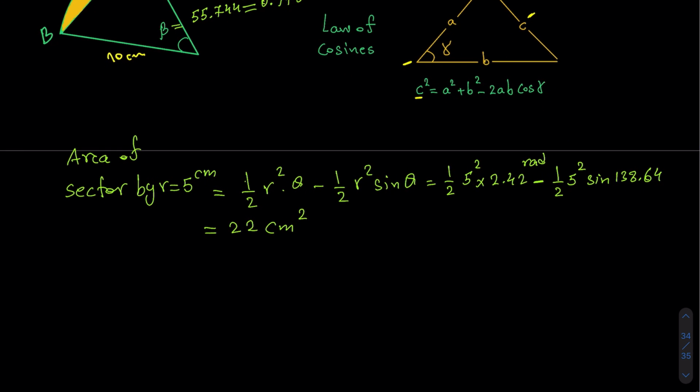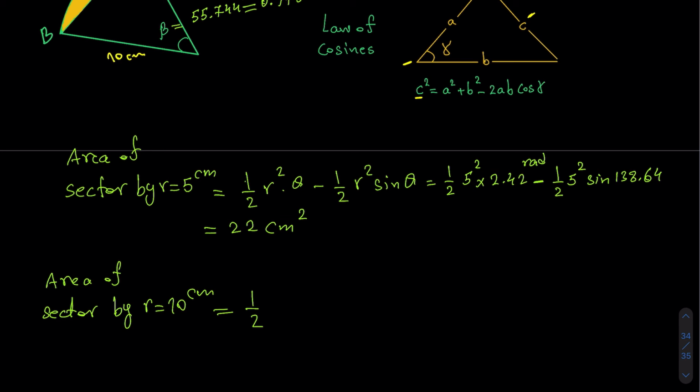So we will do the same thing for the yellow part, the yellow color sector, okay? Again, I will write the area of the sector with R equal to 10 centimeters, which will be equal to a half of, again, the same formula.